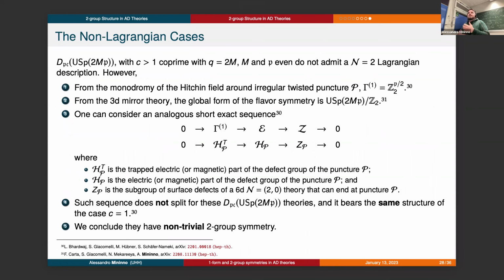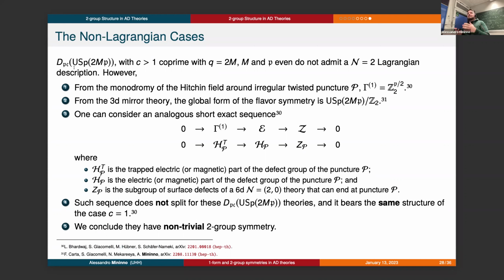And this comes from a more tricky result, but it's been explored already in a very nice paper that came out some months before ours, in which they considered basically all the theories that can be engineered by the D-type class S with twisted punctures.